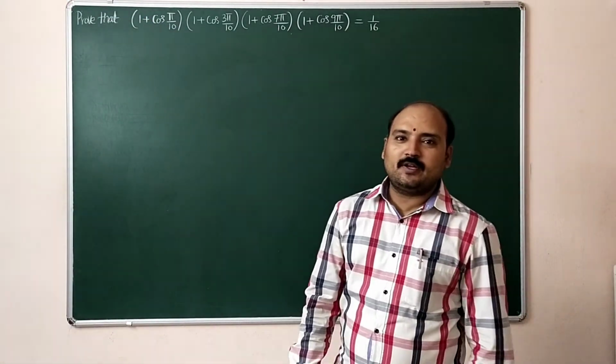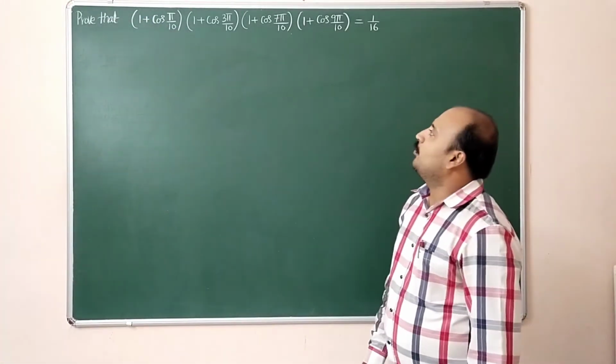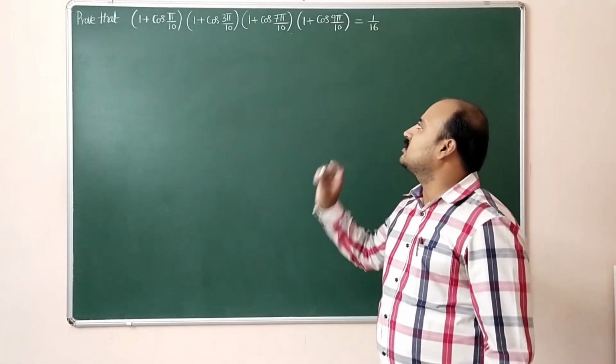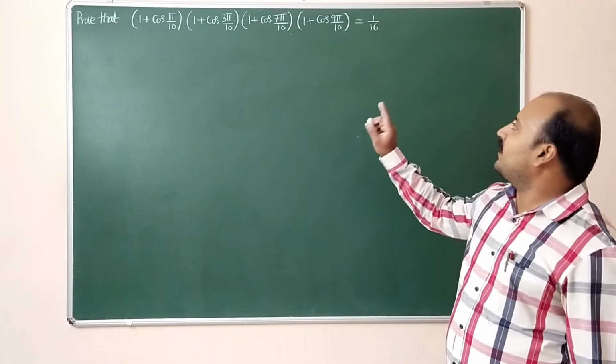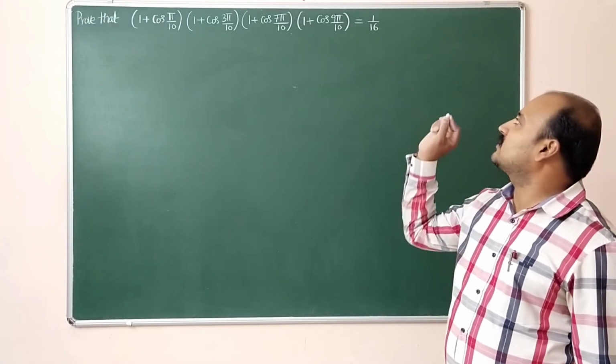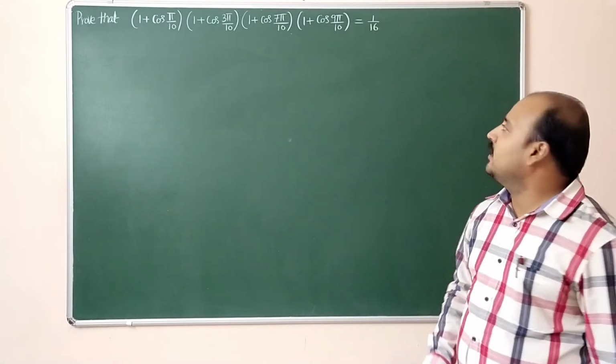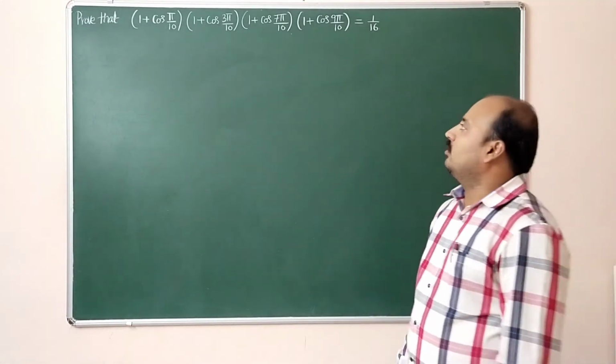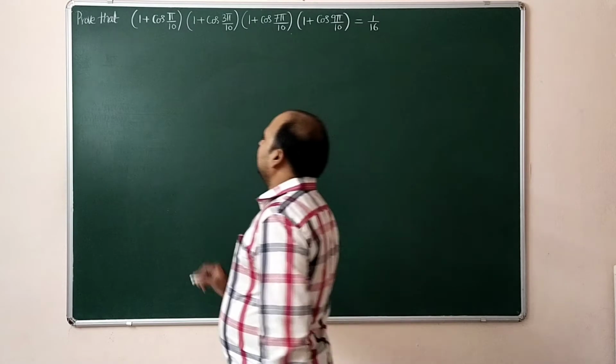The next question, an important question. Prove that (1 plus cos pi by 10) into (1 plus cos 3 pi by 10) into (1 plus cos 7 pi by 10) into (1 plus cos 9 pi by 10) is equal to 1 by 16. First consider LHS.